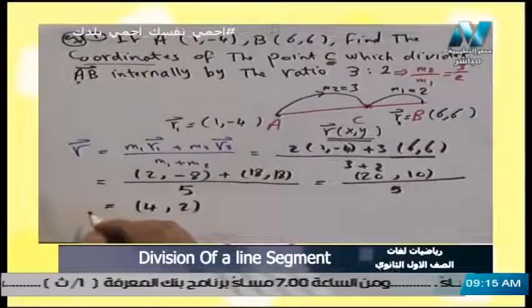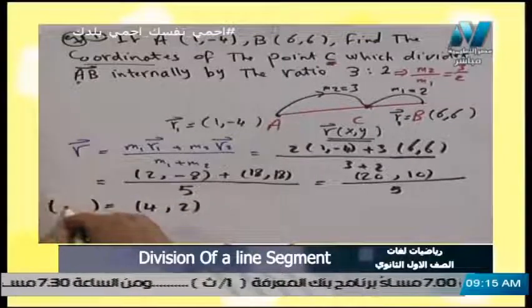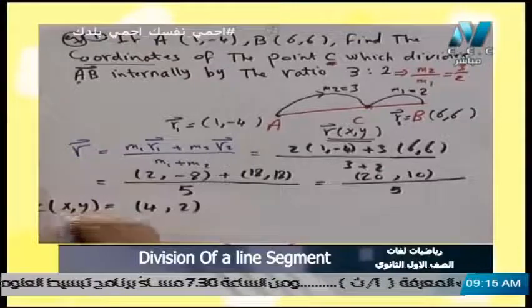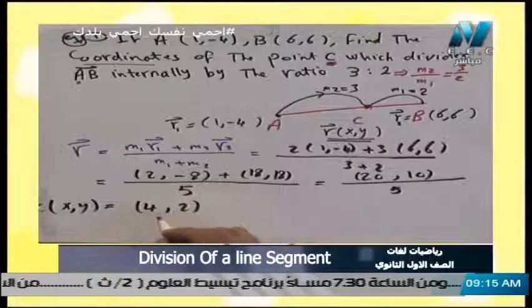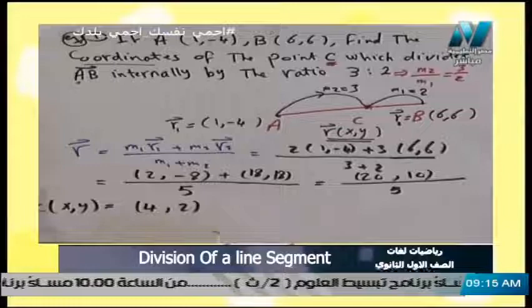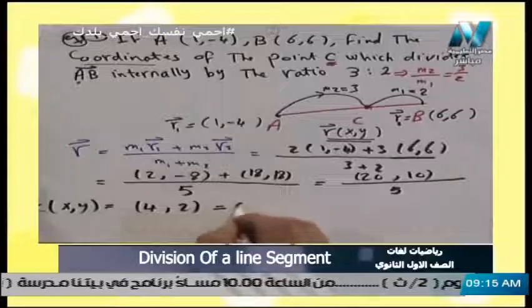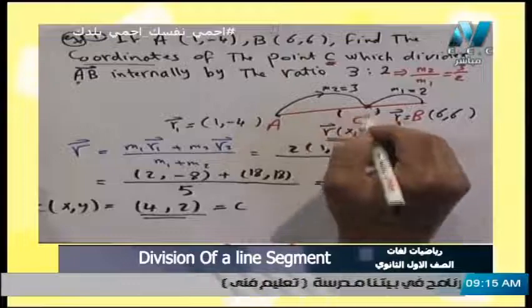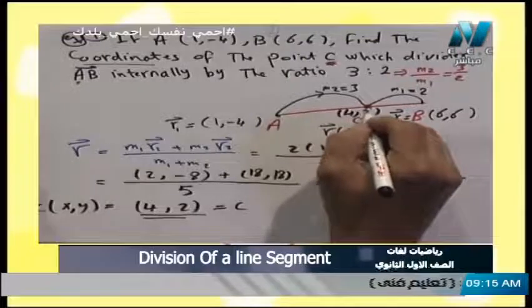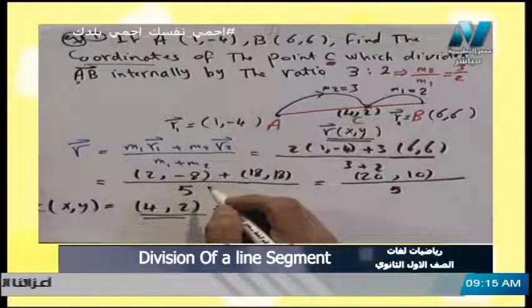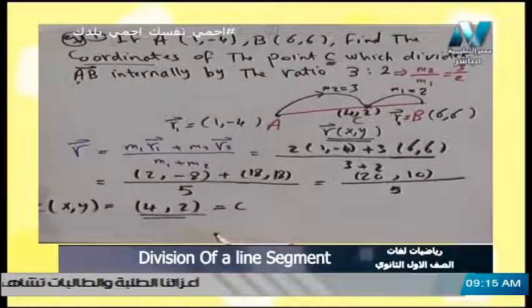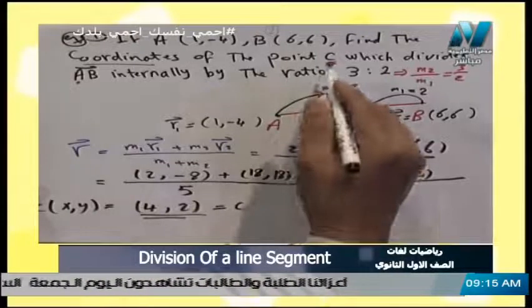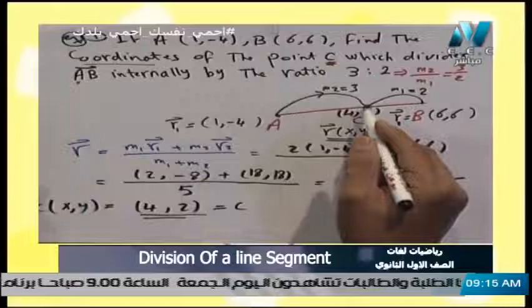So R, which is C, which is (x, y), the coordinates of it equals (4, 2). Okay, this is the point C. So we have succeeded in finding the point of division internally.